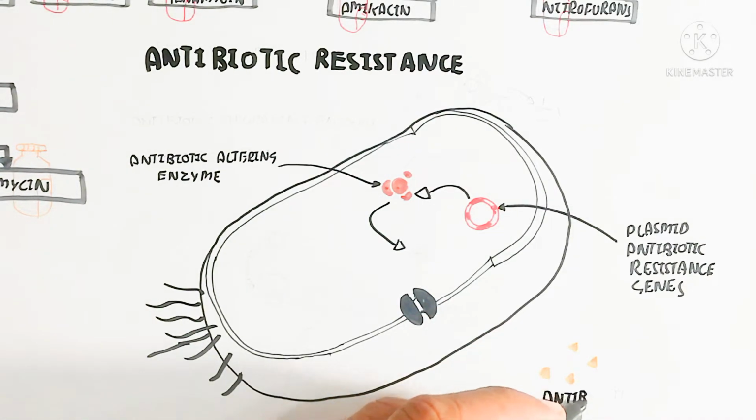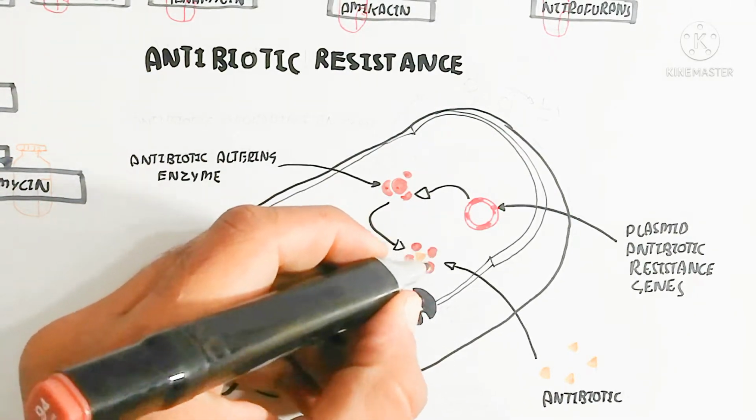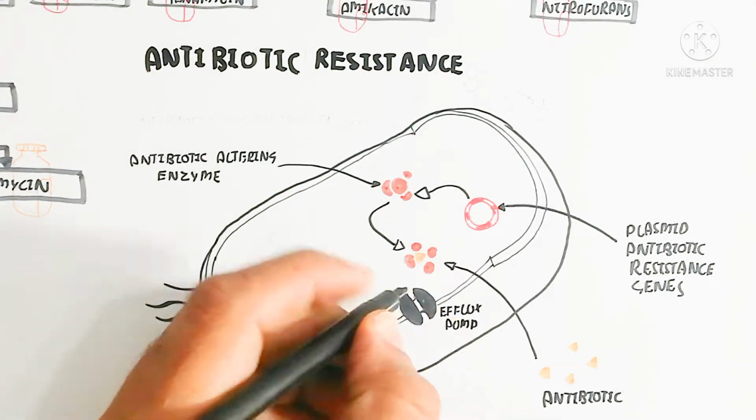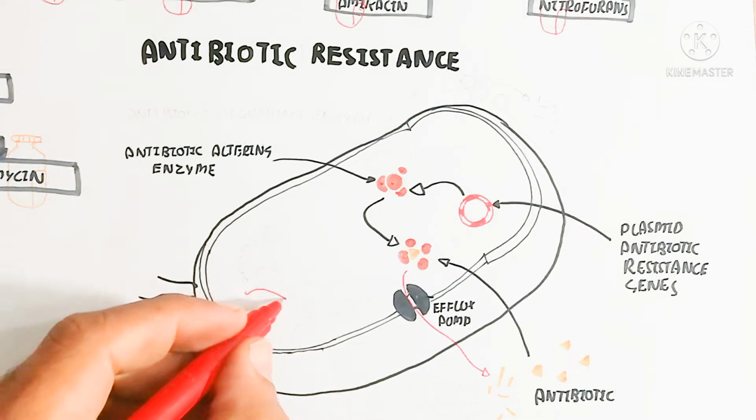When an antibiotic enters the bacterial cell, it is not degraded but pumped out by the efflux pump, moving outward, so the effect of the antibiotic will not last long. In this way the bacteria can survive.